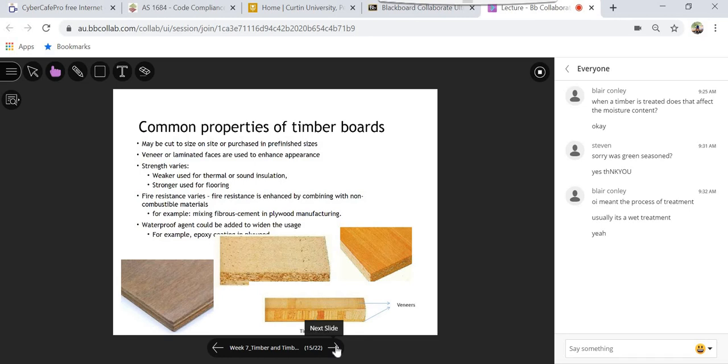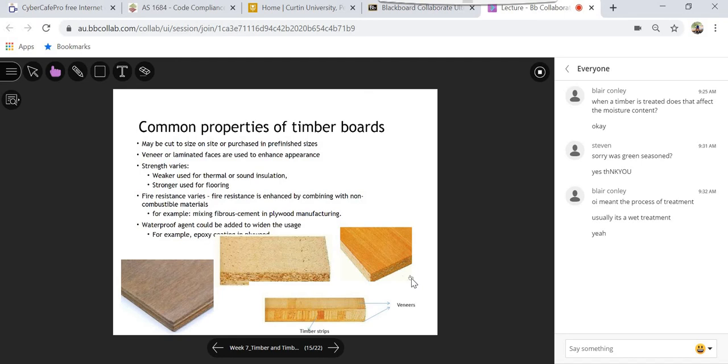So timber boards are available in predefined sizes, and usually there is a veneer or laminated face because otherwise timber boards don't have a good appearance. If you consider strength, it actually varies, and weaker ones we use for thermal and sound insulation, which is a good thing.